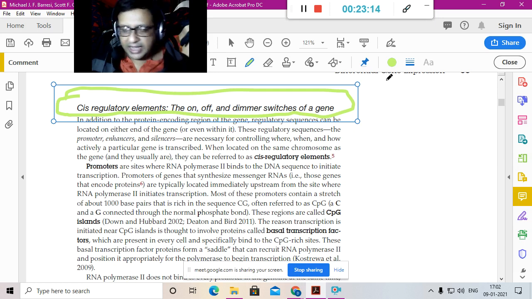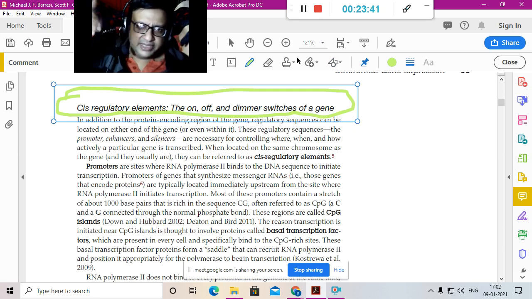You can download it from libgen.is. You can type Gilbert Developmental Biology and download the PDF and read from there. I will pass my notes on later, but keep on reading, and I will start the next class on the next day according to the schedule. Maybe I won't be able to take it in the morning because I have a lot of work in the morning, so I'll take it in the afternoon and evenings.